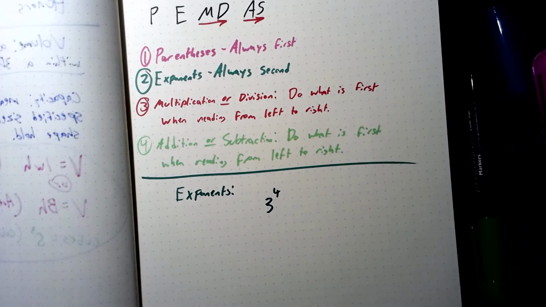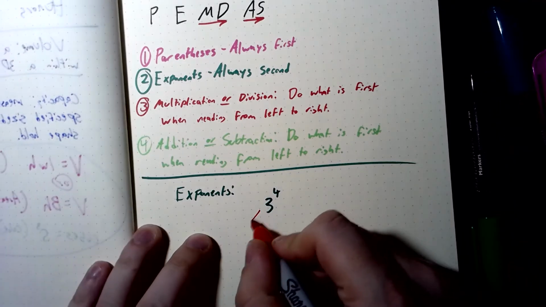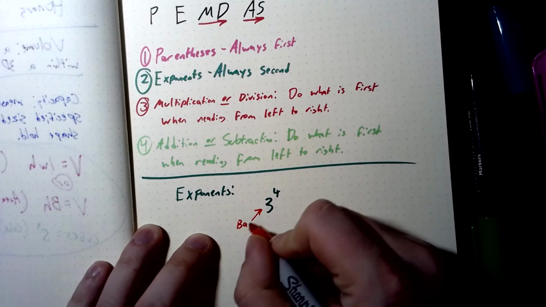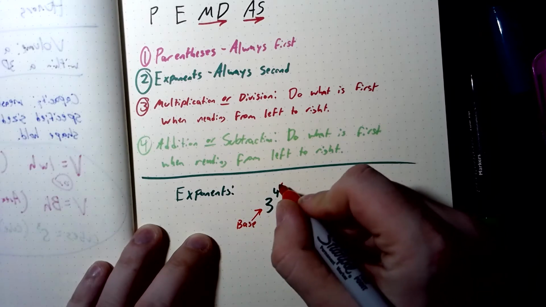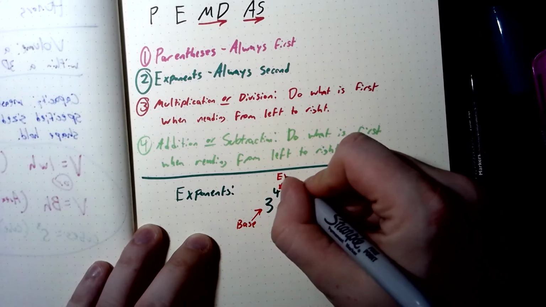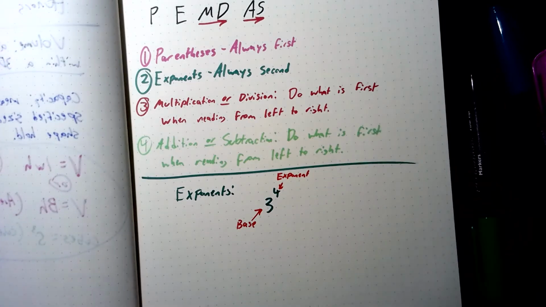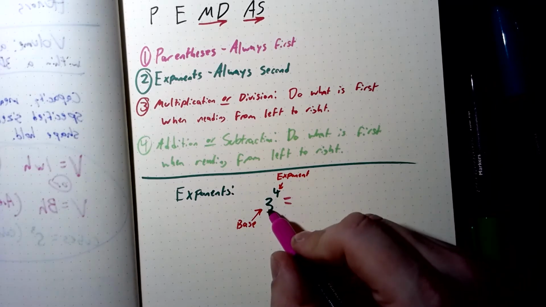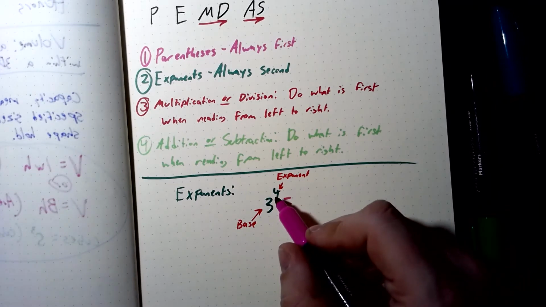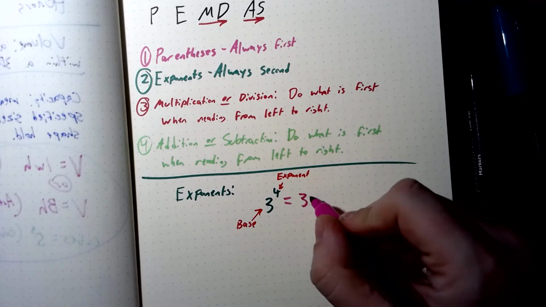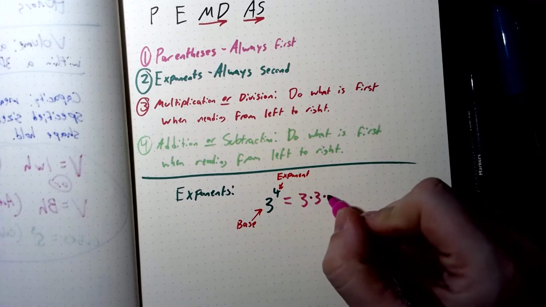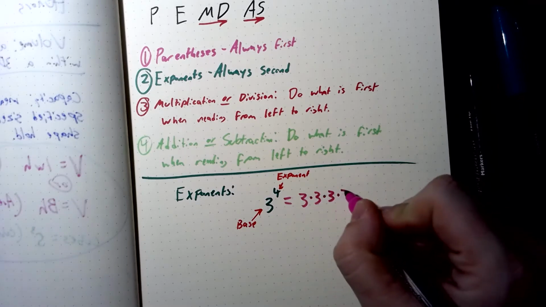If I write 3 to the power of 4, this number down here is my base. This number is the exponent. And what this whole problem means, 3 to the 4th power, is that 3 is being multiplied 4 times. That is 3 times 3 times 3 times 3.